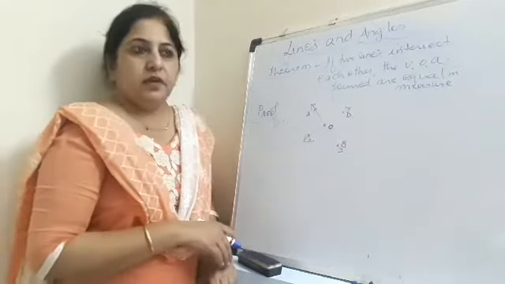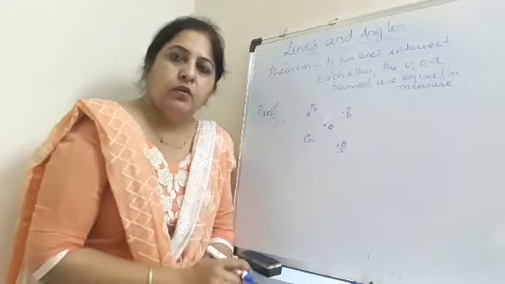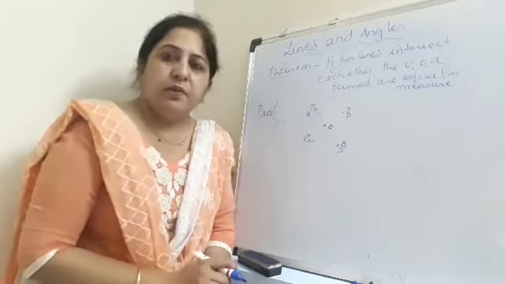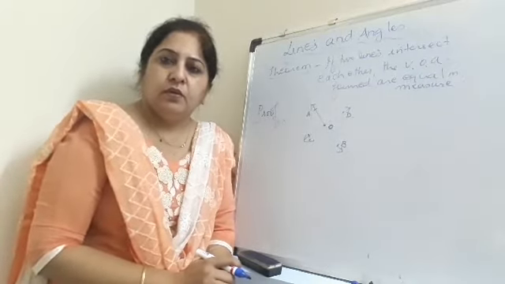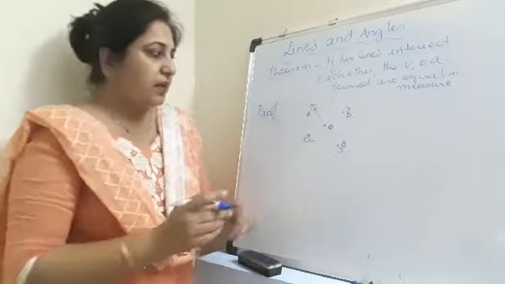We know the properties which we had discussed yesterday. We know linear pair property, we know vertically opposite angles property, we know complementary angle property, and here we have to apply the linear pair property. So let's begin the proof. I'll take up these two.